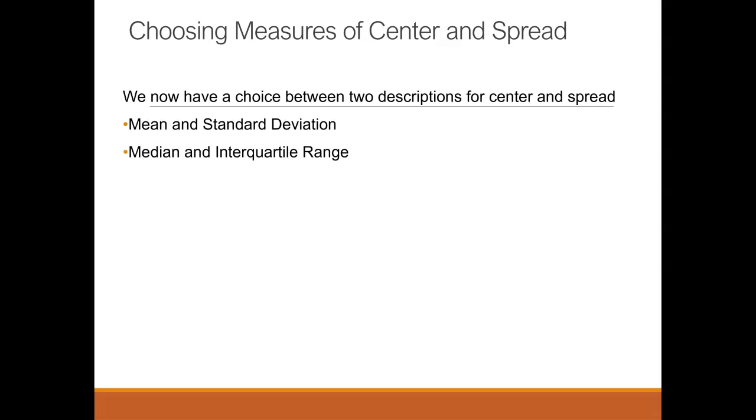Means are for symmetric distributions with no outliers. Medians are for skewed distributions or distributions with outliers. The same rule applies for standard deviation. That goes with means. Ranges go with medians. So if your distribution has outliers or is skewed, you should use a standard deviation instead of a range.